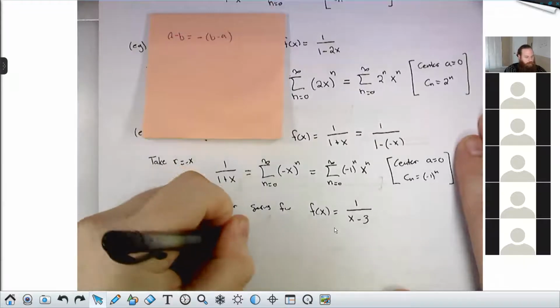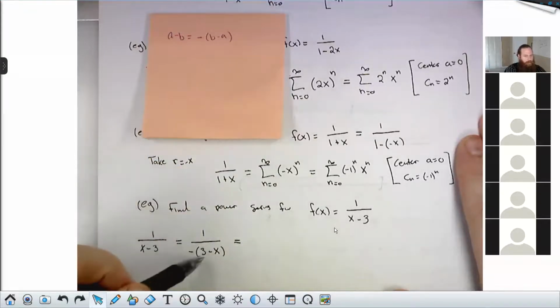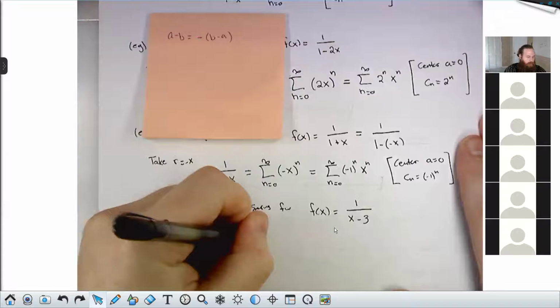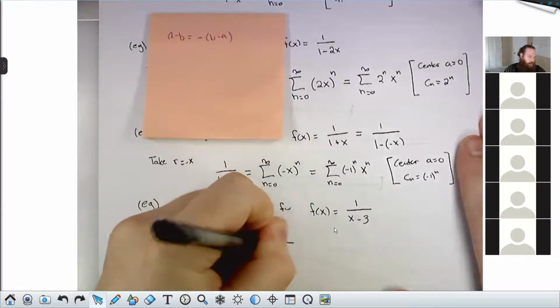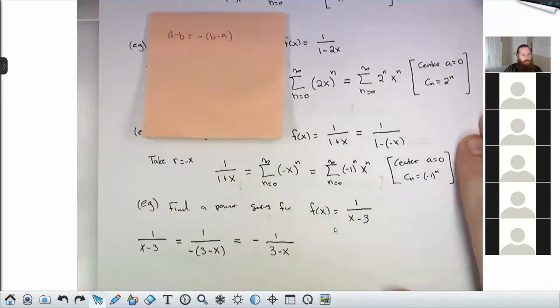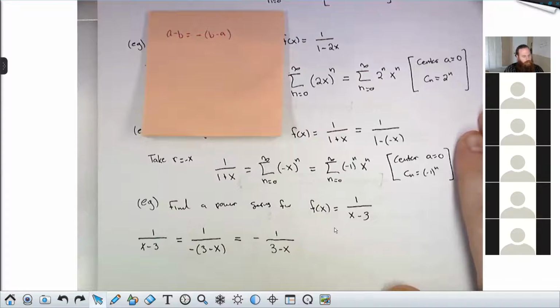And then from there, I need to make this piece a 1, right? So this is negative 1 over 3 minus x. That's where we are right now. Now, if I can make that 3 a 1, I'm going to be happy. Then I'll have 1 over 1 minus something. So I'll force factor out a 3.